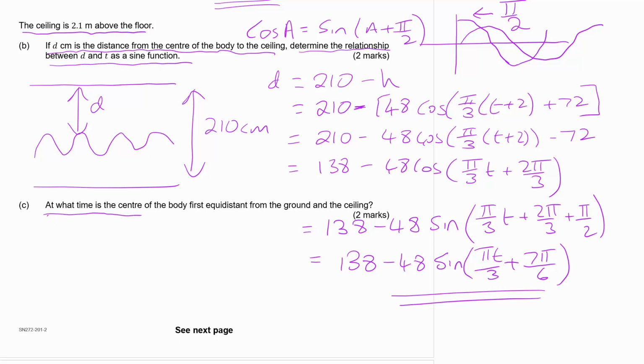At what time is the centre of the body first equidistant from the ground and the ceiling? So halfway, which is 210 divided by 2. So this is the distance.